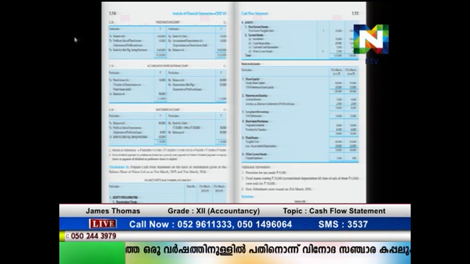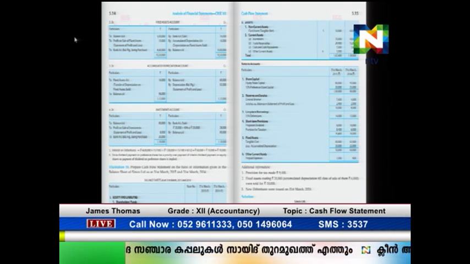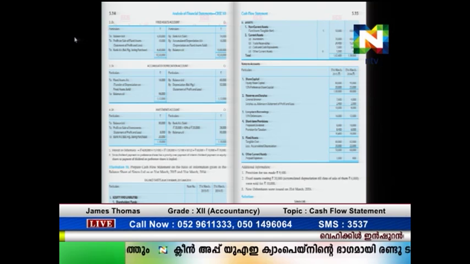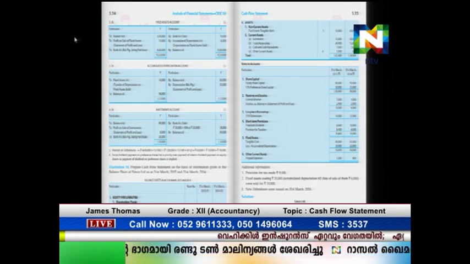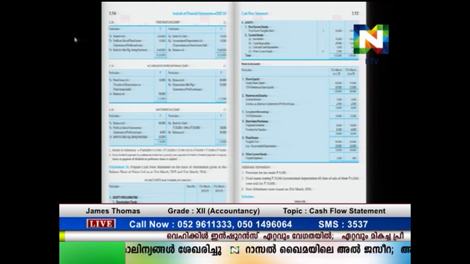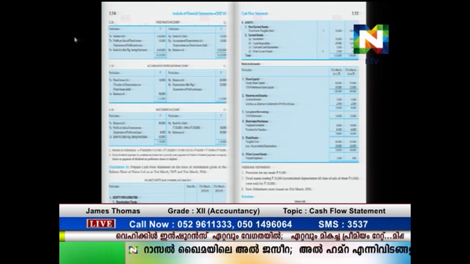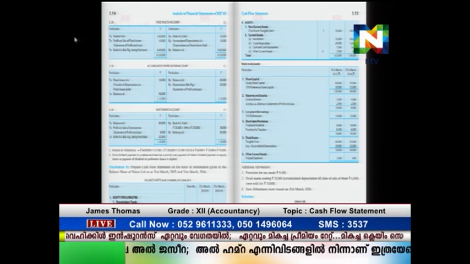They have given share capital and reserves and surplus, non-current liabilities, long-term borrowings, and current liabilities, trade payables and short-term provisions. On the asset side you can see non-current assets, fixed assets, tangible, inventories, trade receivables, cash and cash equivalents and other current assets.